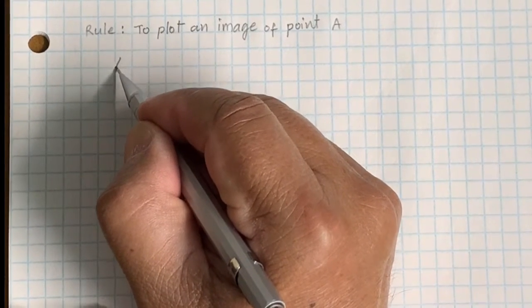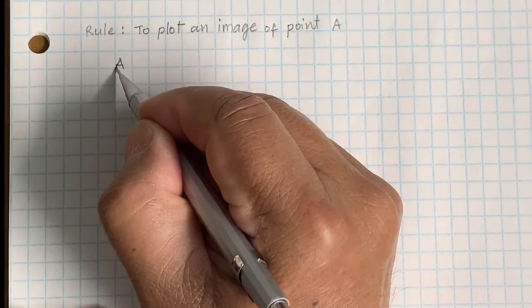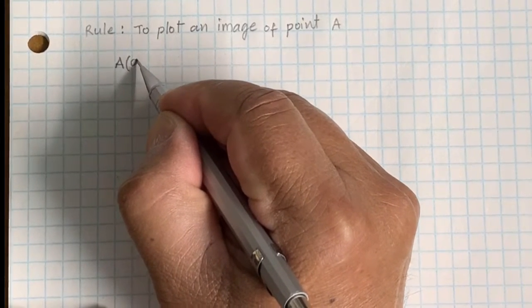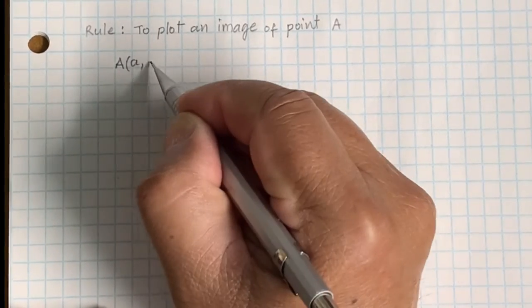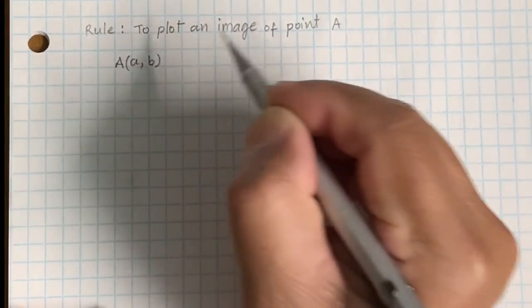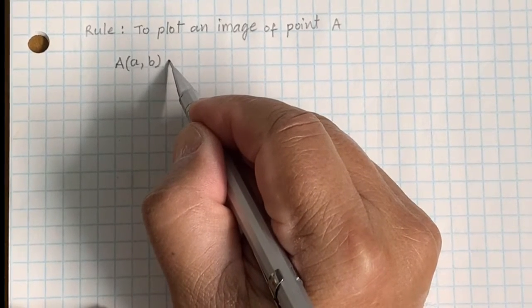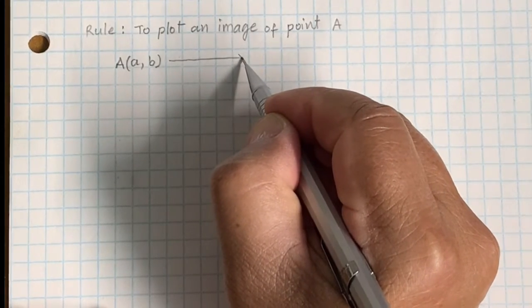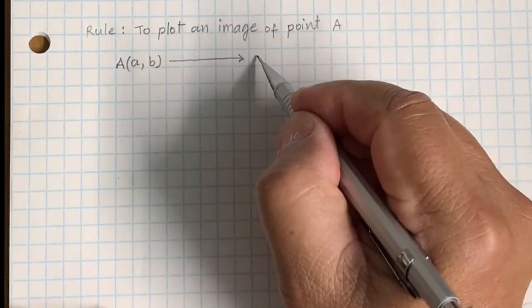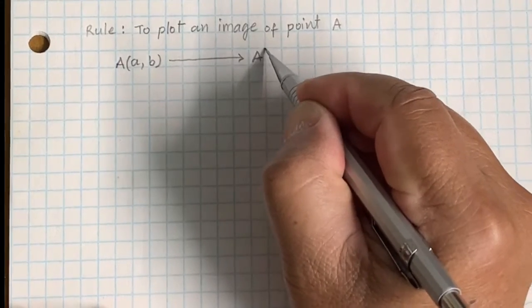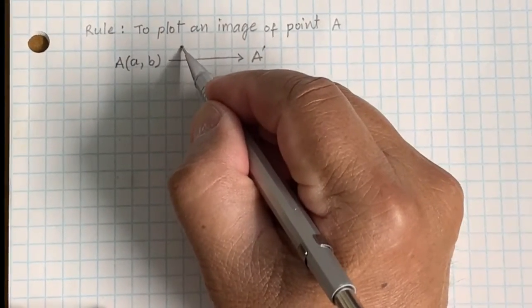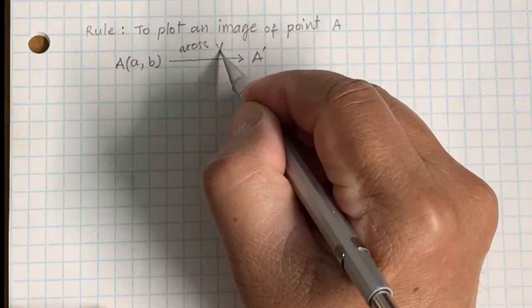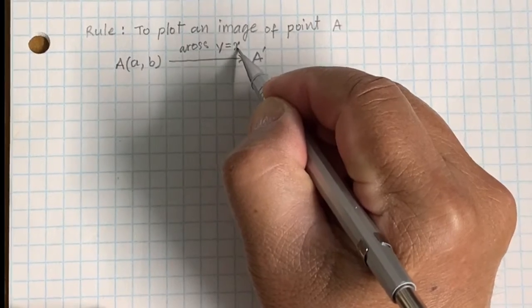So A has coordinates (a, b). We are going to plot the point A prime across the line y equal x.